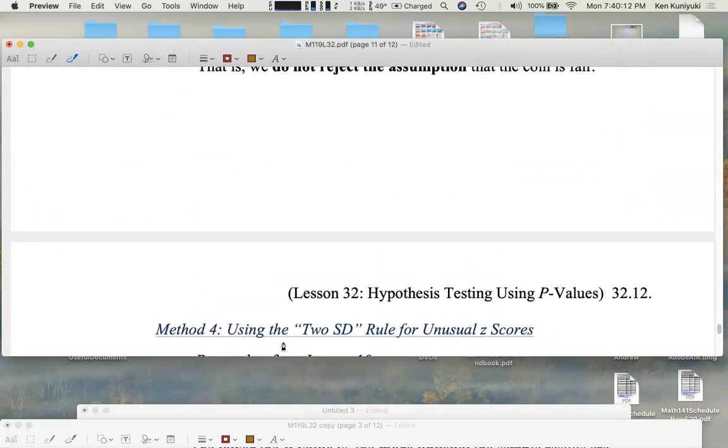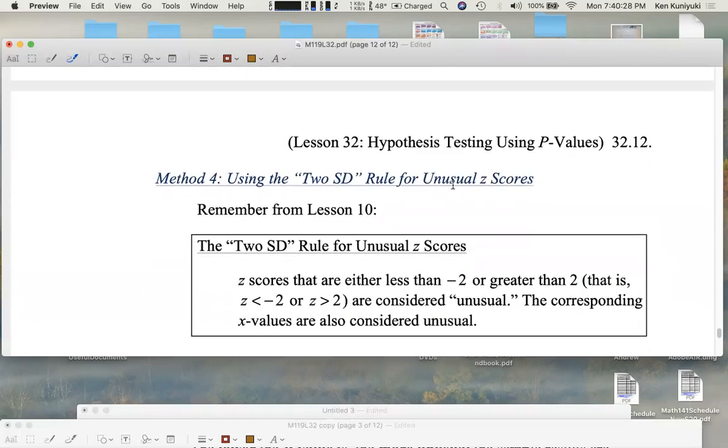Method 4, this will take you way back, the 2SD rule for unusual z-scores. Remember, your sample data is unusual if it's more than 2 standard deviations out. It's not so unusual if it's within 2 standard deviations of the mean. Again, from lesson 10, the 2SD rule for unusual z-scores: z-scores that are either less than -2 or greater than 2, so you're too far away from the 0, the center, are considered unusual, and the corresponding x values are also considered unusual.